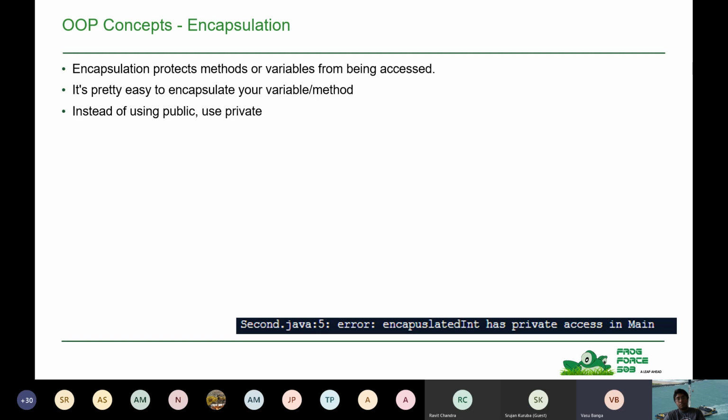What encapsulation does is it protects your variables, your objects, your methods, all those things from being accessed in a different program. And it's pretty easy. You just have to add in private there, but it's really helpful when it comes to protecting your stuff and deciding what you want the user to see.